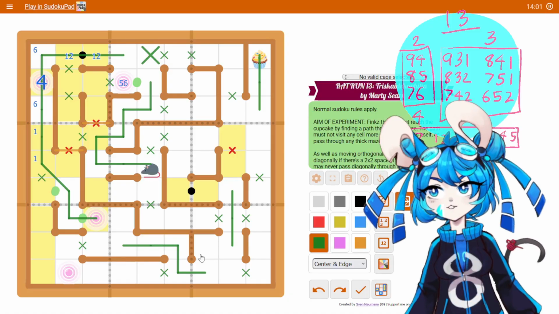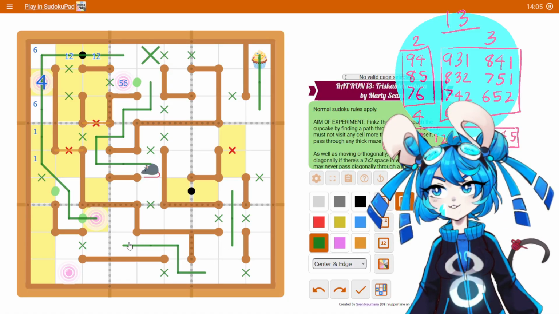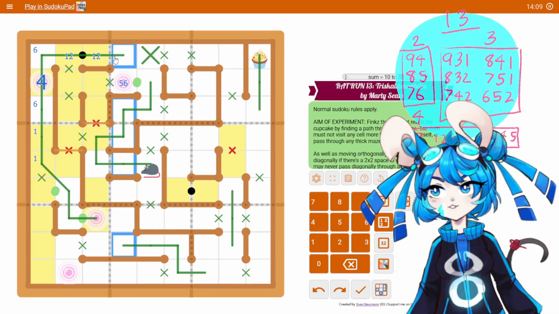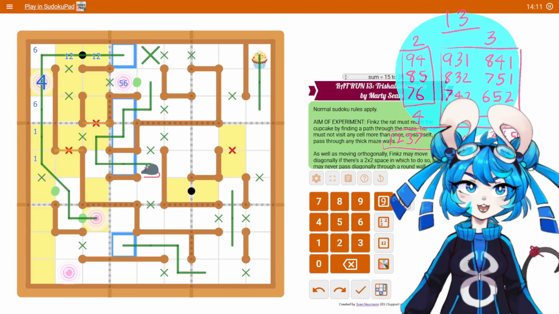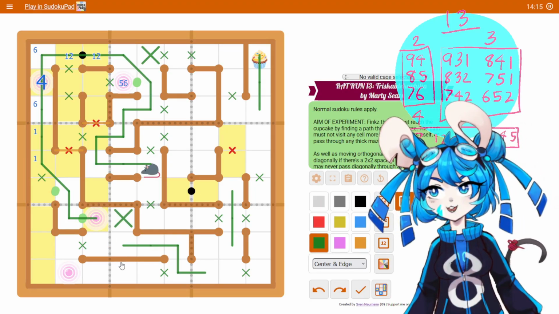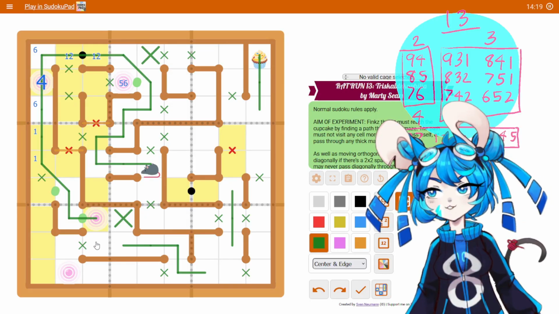Okay. And 1, 2, 3, 4 cells in this row. Oh, that's 1, 2, 3, 4, 5 cells visited in this column, however. So it cannot visit this cell or this cell. 1, 2, 3, 4. It could visit this cell, though, and include a nullifier.